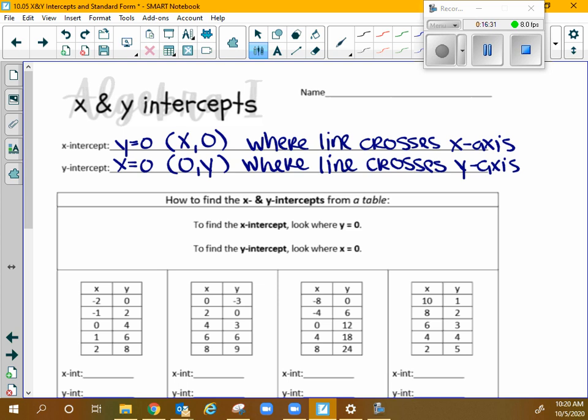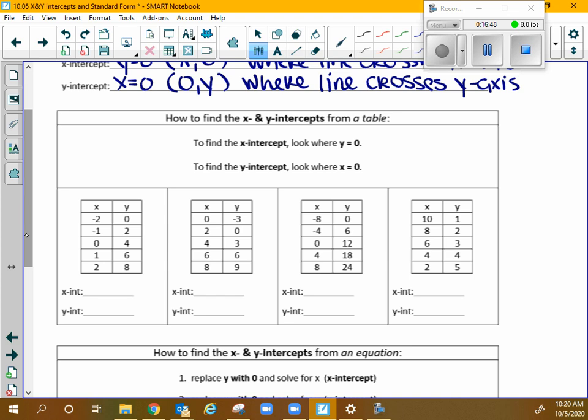Just a straight line. Because we're talking about linear equations, right? Okay. If I have a table, I have sets of points. If I'm looking for an x and a y-intercept, which values are important to me? Zeros.